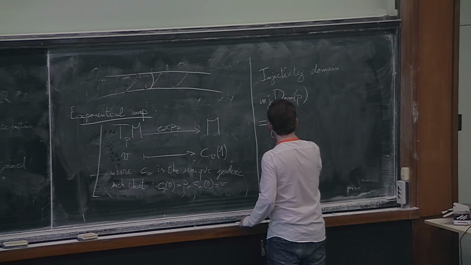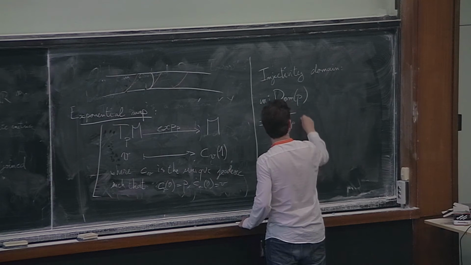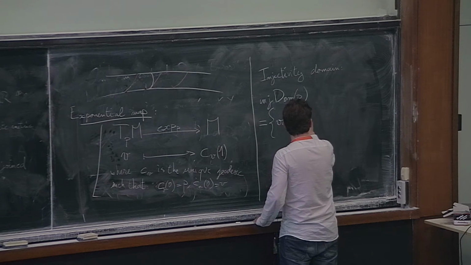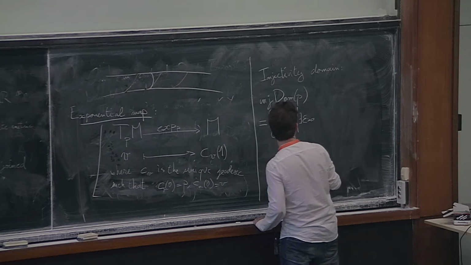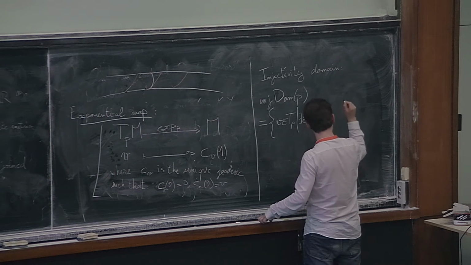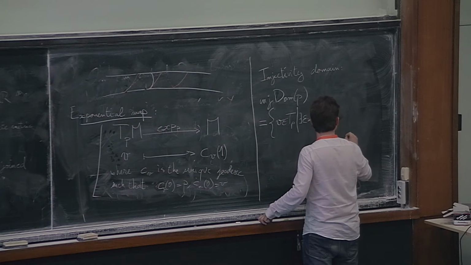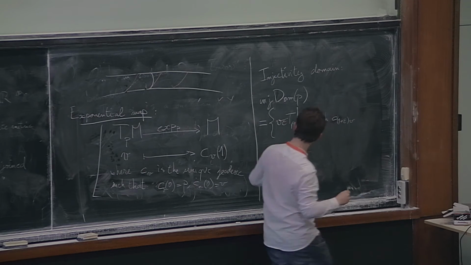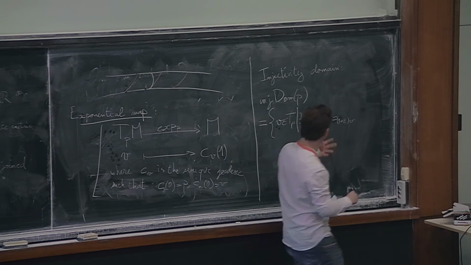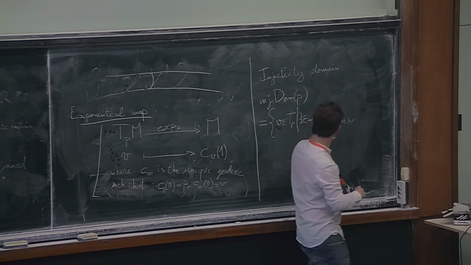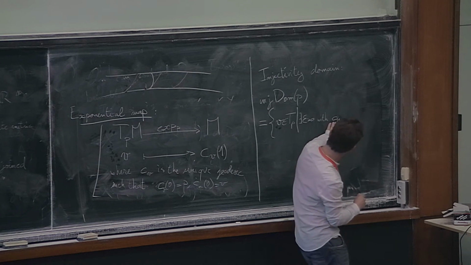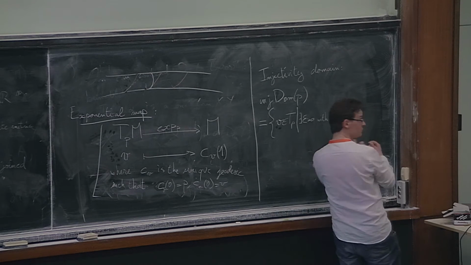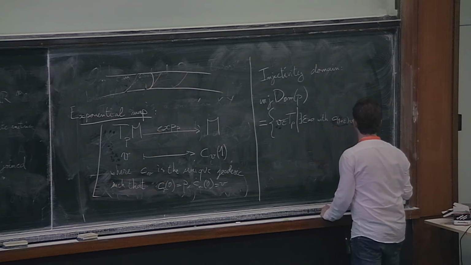So this is the set of vectors V in the tangent space such that there exists epsilon positive with c_V, so you start with a velocity which is slightly bigger than V. And you want that when you follow for this amount of time this direction, you stay a minimizing geodesic. We'll do an example afterward.